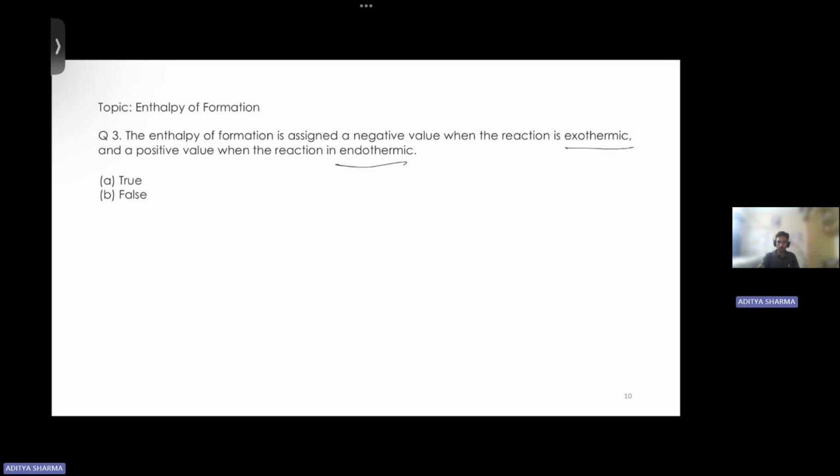So for your release of heat, the enthalpy of formation is negative, and for your absorption of energy, this is positive.